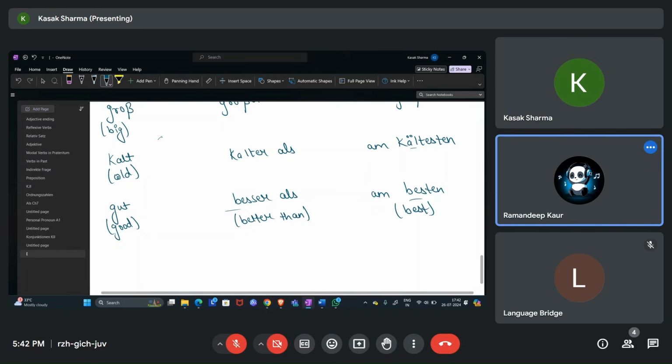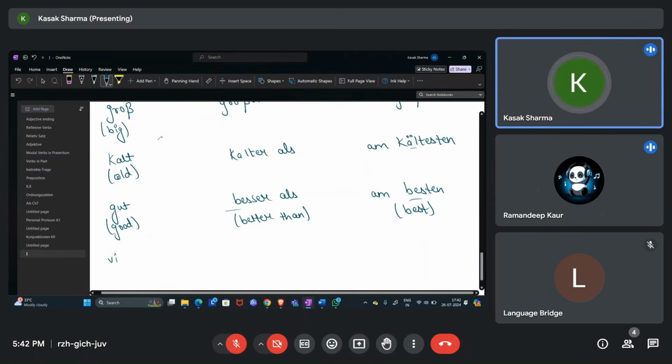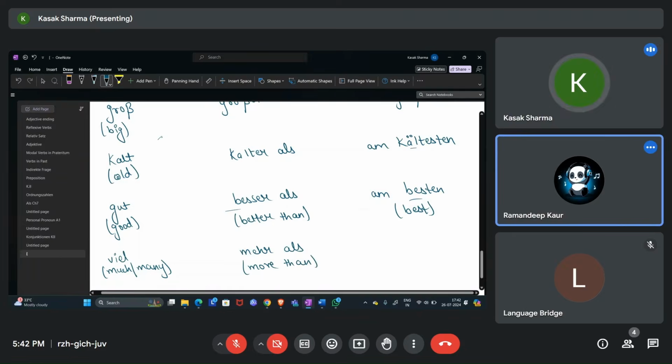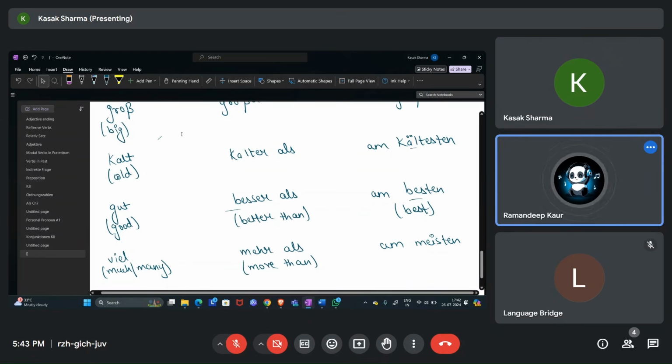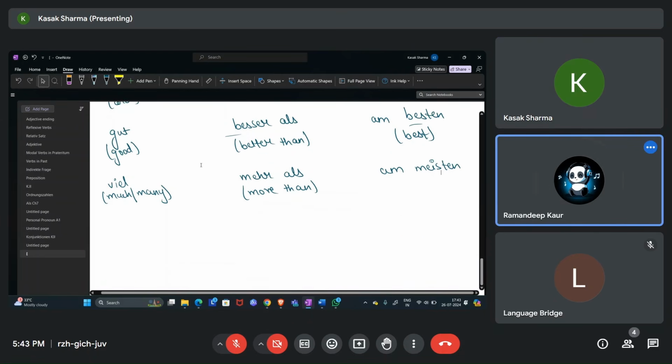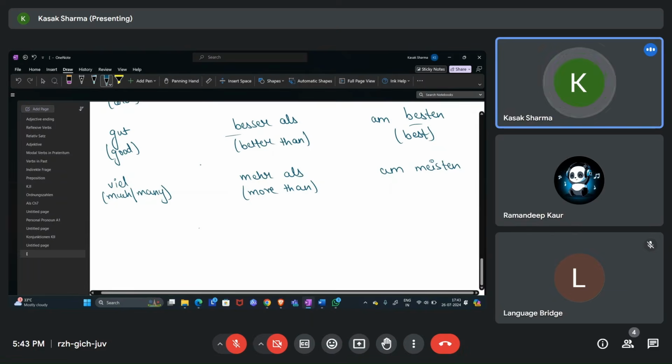For example, coming to viel. Viel means much or many. So viel is mehr als, more than, and am meisten, mostly. Now next is gern.